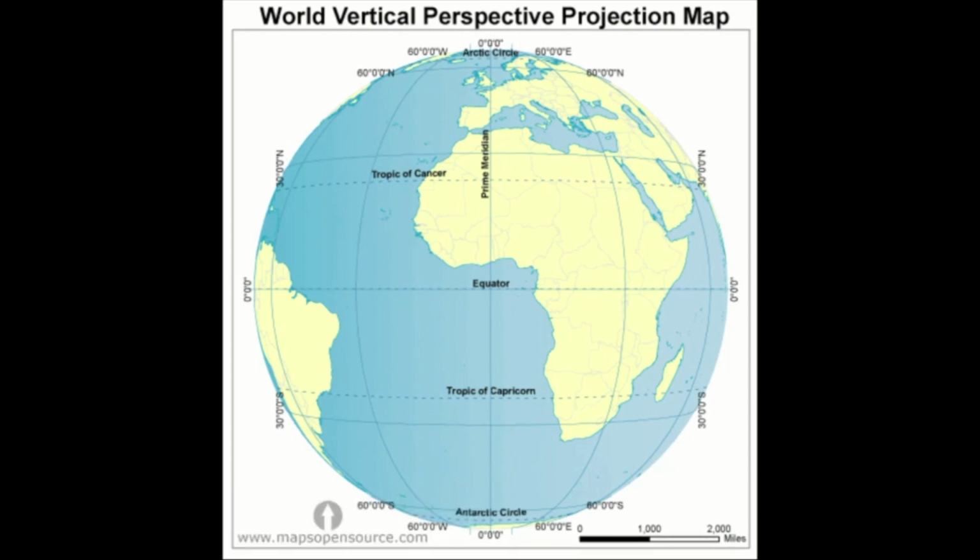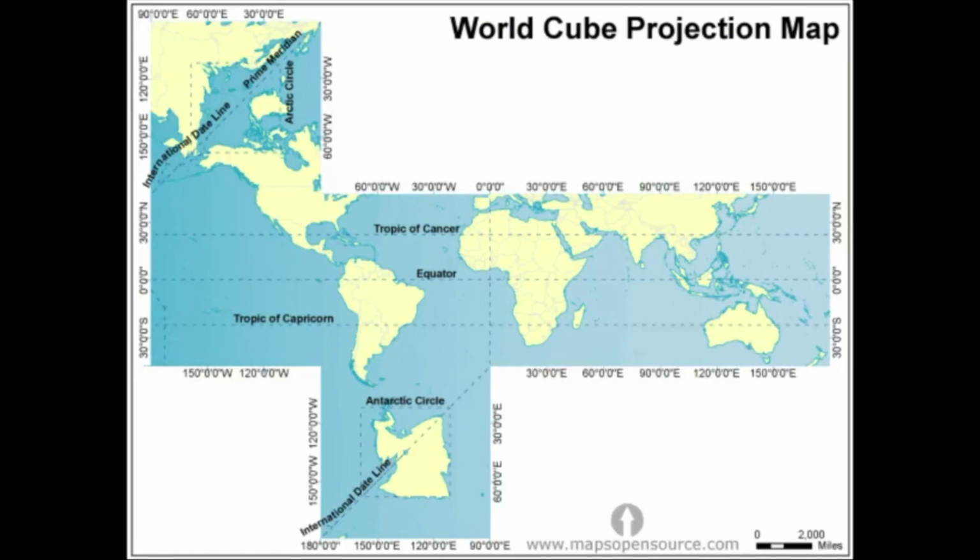Up until this point, all of the projections have been a relatively familiar shape, though the conic and boon projections got a little weird there. The final three projections we're going to look at take the idea of the map and really make you have to wrap your head around what's going on. Now, the first one we're going to look at is called the World Cube Projection Map.